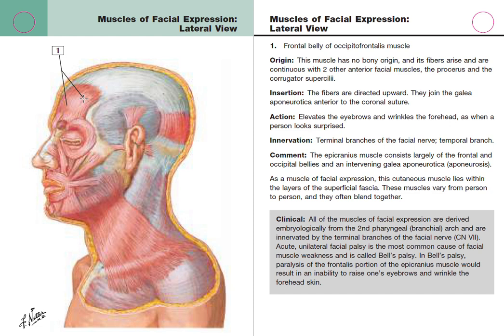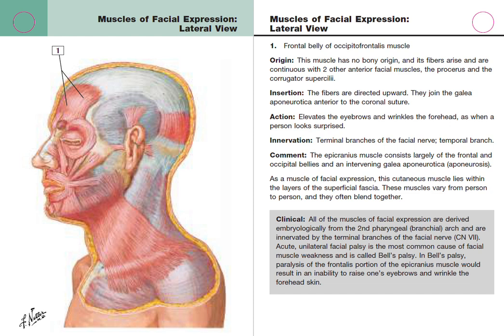As a muscle of facial expression, this cutaneous muscle lies within the layers of the superficial fascia. These muscles vary from person to person and they often blend together. All of the muscles of facial expression are derived embryologically from the second pharyngeal or branchial arch and are innervated by the terminal branches of the facial nerve.